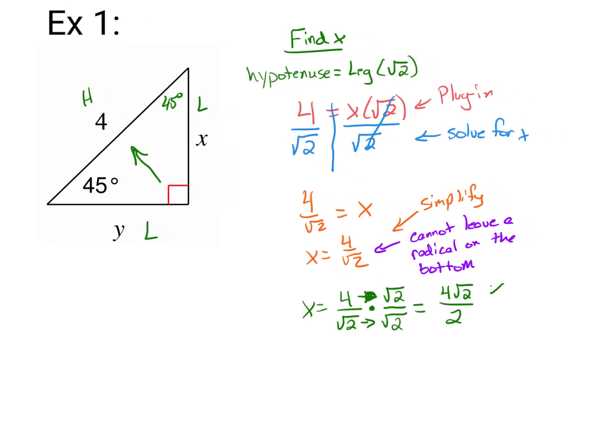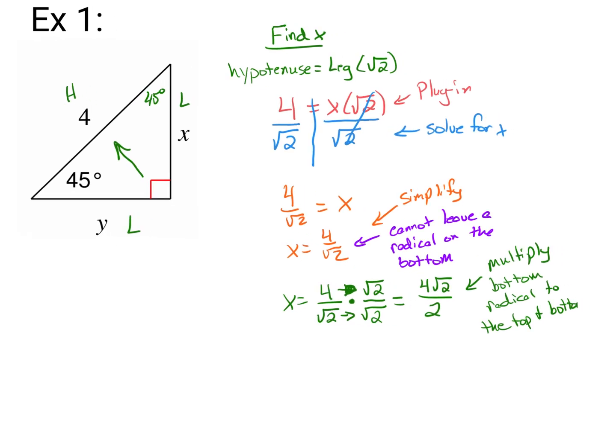So just a reminder, what you do here is multiply the bottom radical to the top and bottom. All right, and I end up with x is equal to 4 square root 2 over 2.